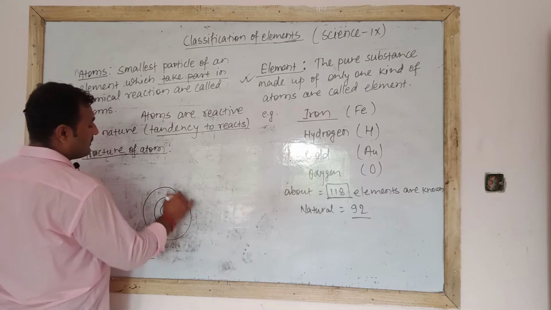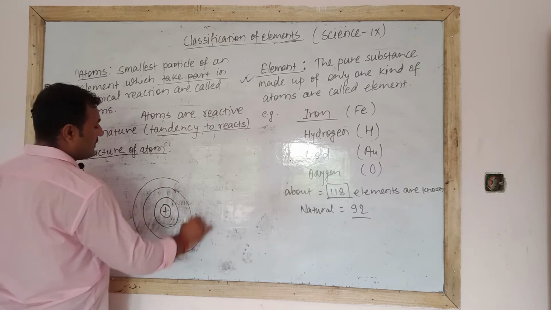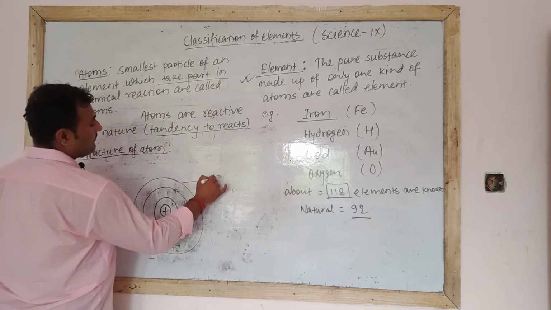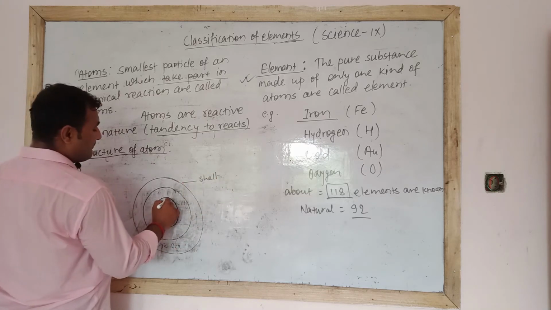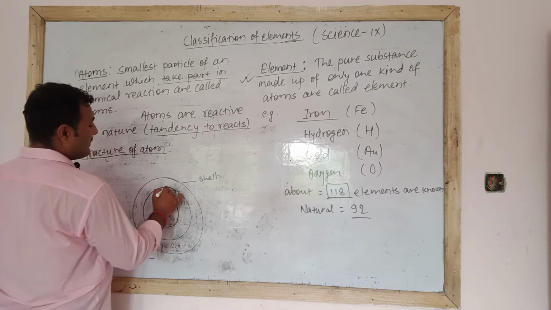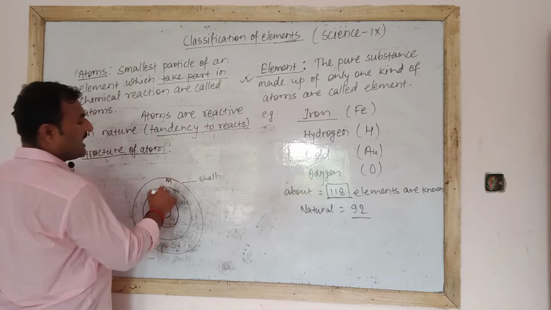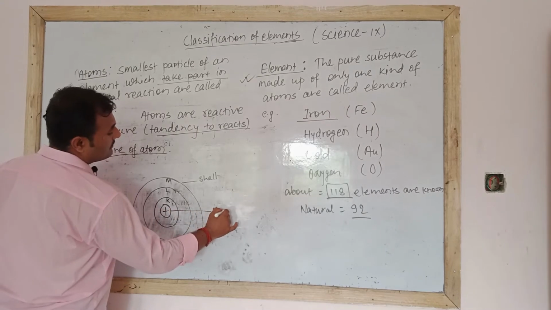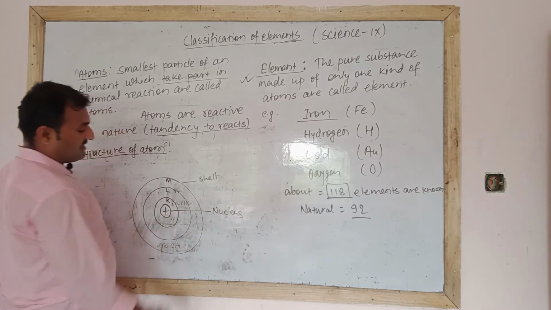These paths are called shells, represented by K, L, M and so on. The central part is called the nucleus.